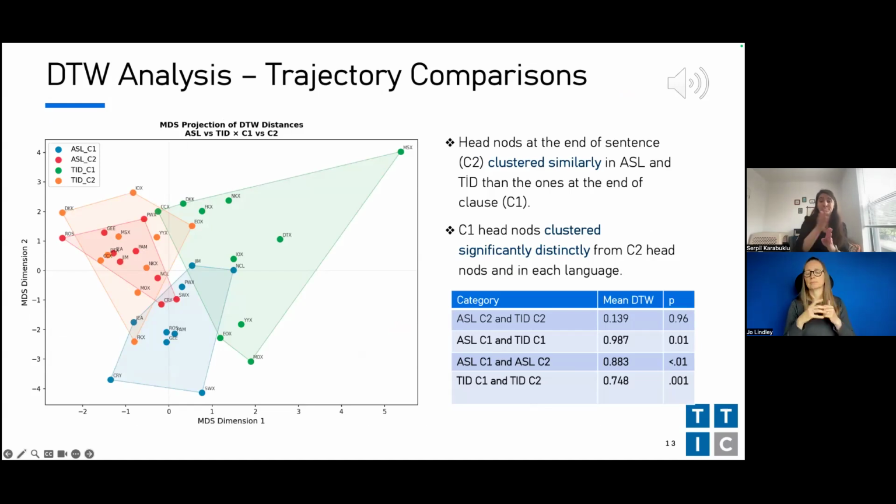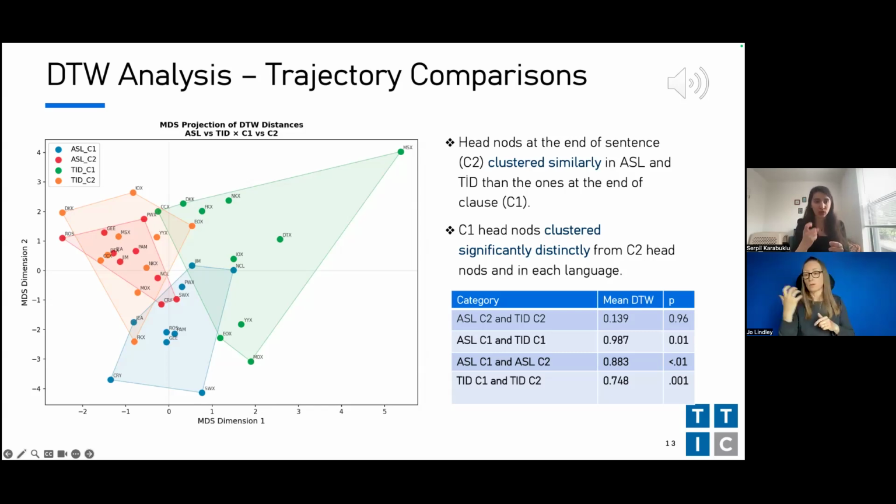Okay, before discussing the results, to show you the figures, we have both ASL and TID, and the two head nods in this figure. The colors show the combination of language and head nod. Blue is for ASL, first head nod, and red is for ASL, second head nod, the success head nod.